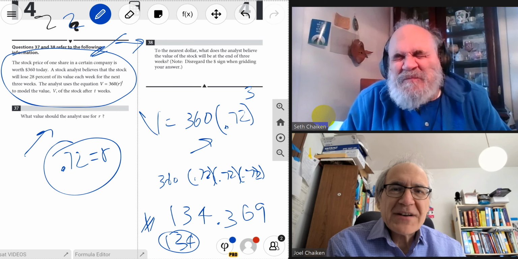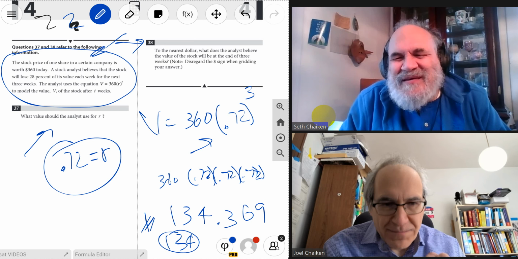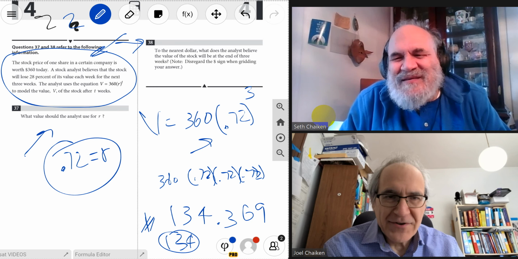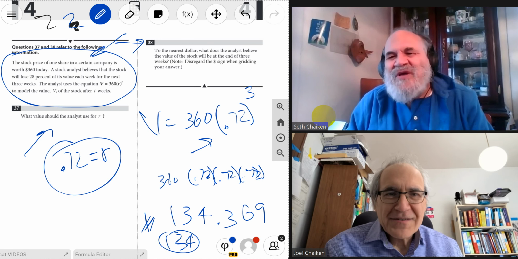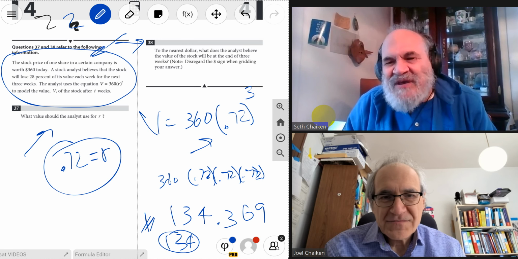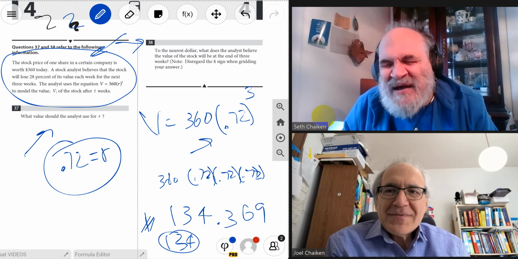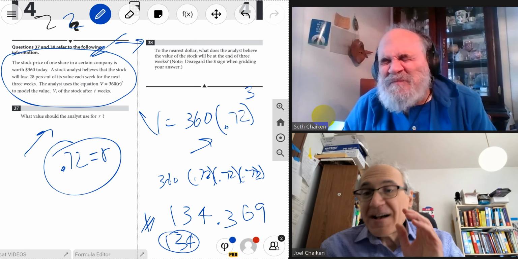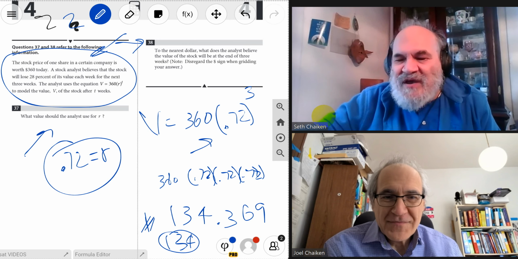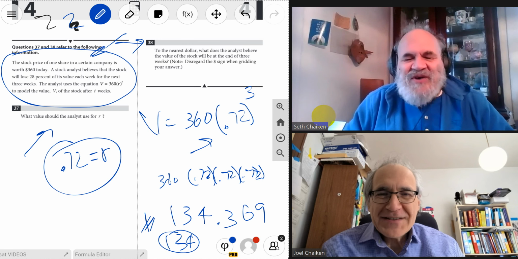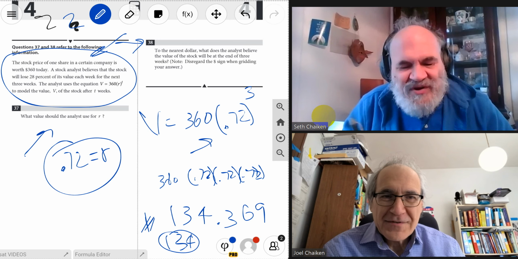But it was compounded, right? Well, that's what it means to reduce it by a percentage each week. So they should have done that question, and it would have been normal. But let's stay positive.